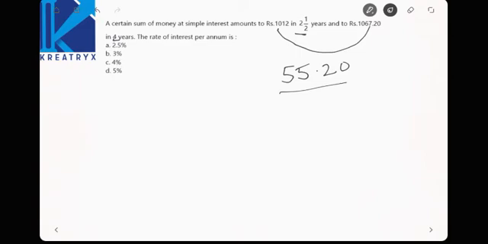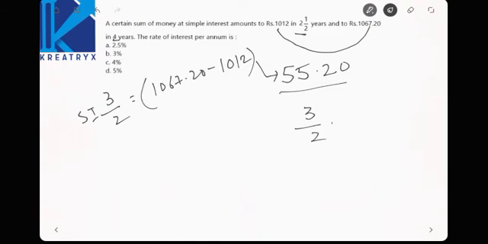Right. Okay. So simple interest for 3/2 years is, now what is the simple interest for 3/2? Nothing but 1067.20 minus 1012 will lead you to 55.20. Now see here, for 3/2 years the interest is 55.20.